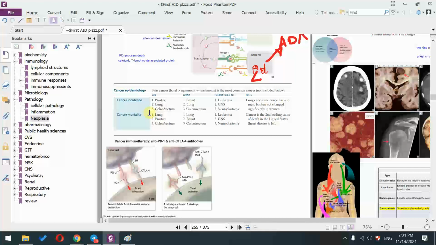So they ask you, what is the most common cancer in men? And you see prostate, and you know that prostate is most common in men, but between the answer choices, there is skin cancer. Be super careful about this. Look for the skin cancer. If you find it, that is the answer. It's not prostate. But if skin cancer is not an option, then it's prostate.